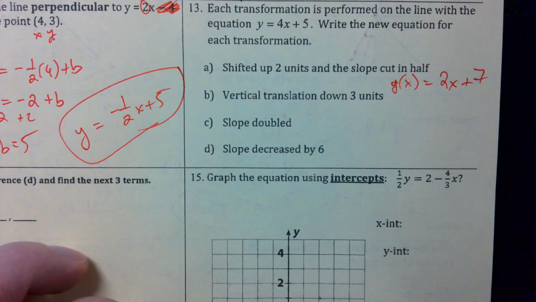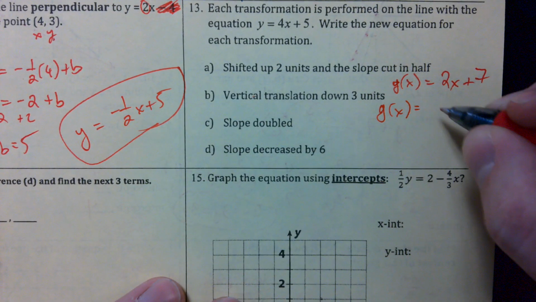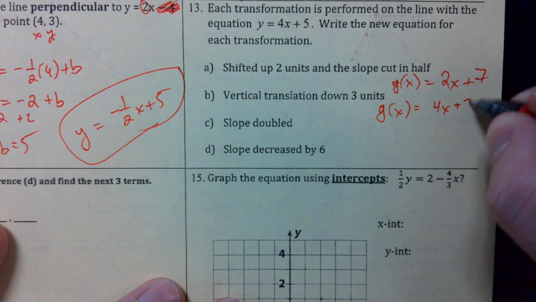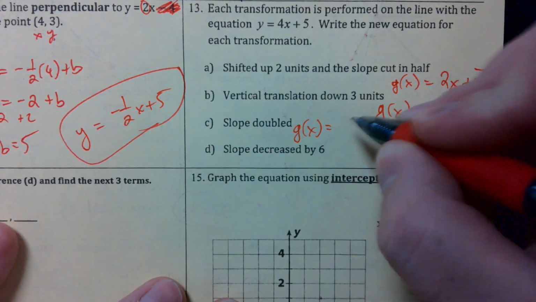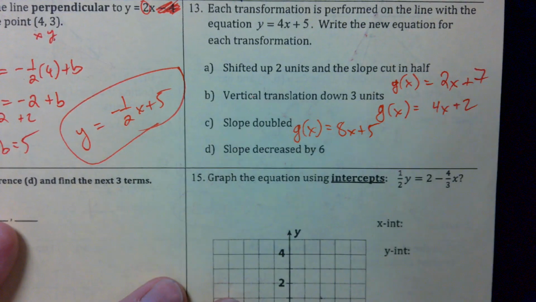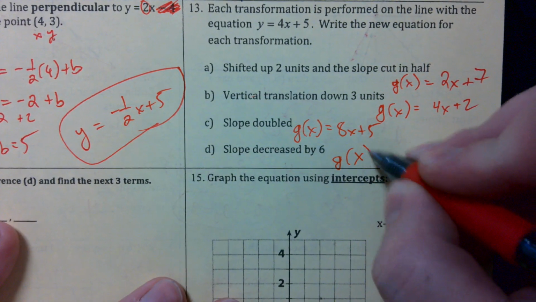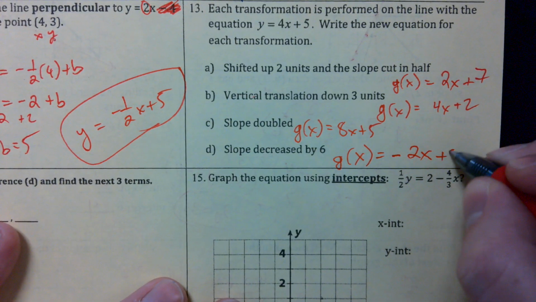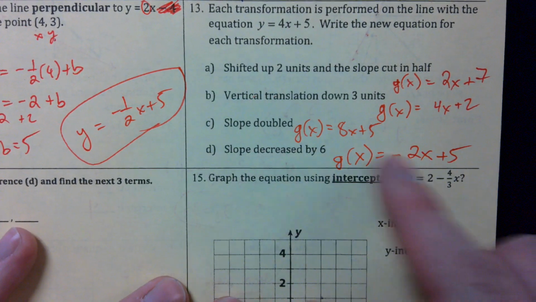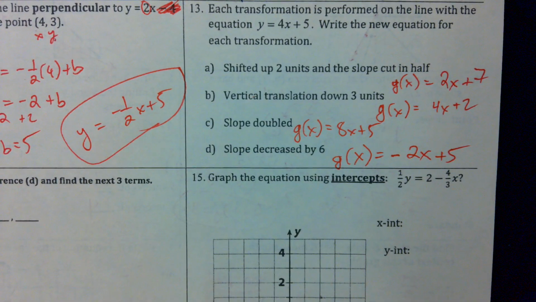Vertical translation down 3 units: 4x plus 2. Slope doubled, g of x equals 8x plus 5. Slope decreased by 6, g of x equals what? 4 minus 6 is negative 2. Yep, good.